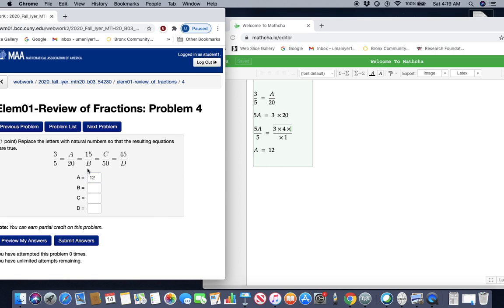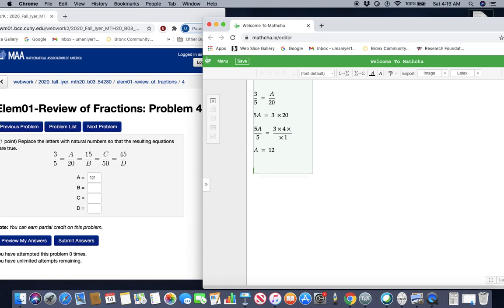Now I will use a equals 12 for my next proportion. You have the fraction 12 over 20, since a is 12, equals the fraction 15 over b.